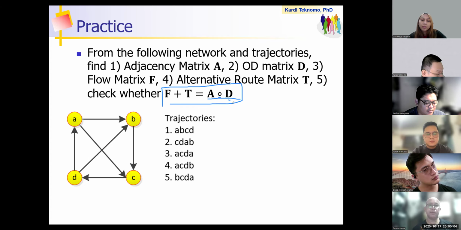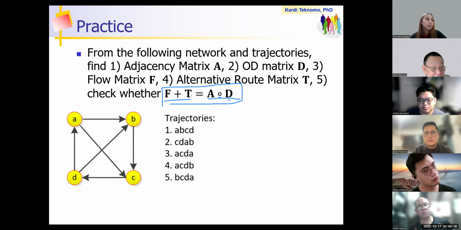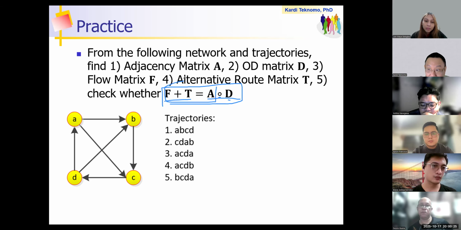Hadamard product means multiply by the adjacency matrix, which means you reduce the information. If you know the OD matrix, yes, you can get the flow matrix. But if you know only the flow matrix and the adjacency matrix, these three only, you cannot get back the OD matrix. This is the meaning of this formula.